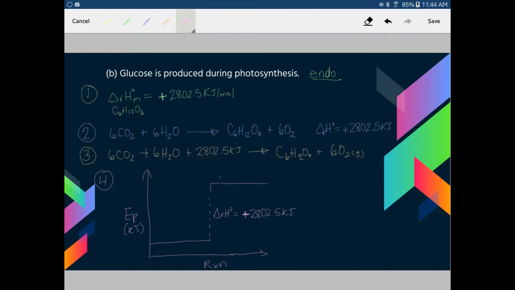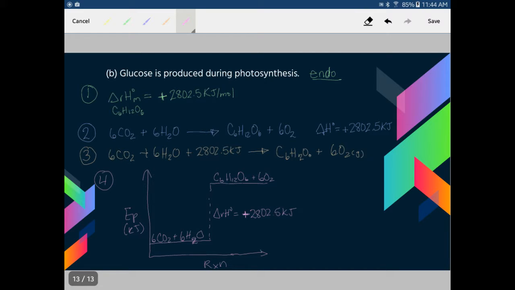And we see that we produce our glucose and we use up our carbon dioxide and water. Again, notice that everything in my graph is balanced so that I know how many moles of each of these entities that I am dealing with.